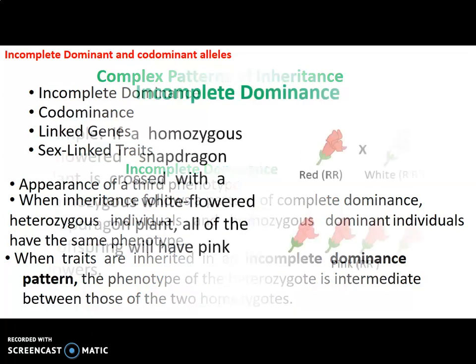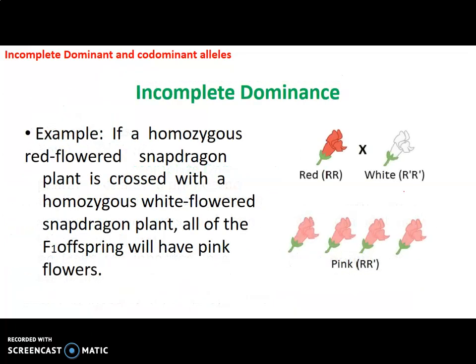What does that mean? Now, look at this. If we have a red snapdragon plant that is crossed with a homozygote white flower, what will be the outcome?